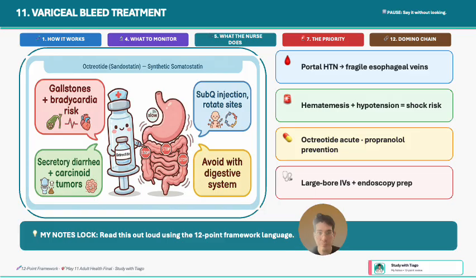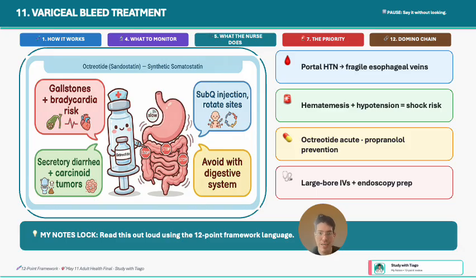All right? For an active variceal bleed, I think in priorities, okay? First, recognize instability. Yeah? Vomiting blood, hypotension, tachycardia, dizziness, altered mental status, or signs of shock means this is urgent.